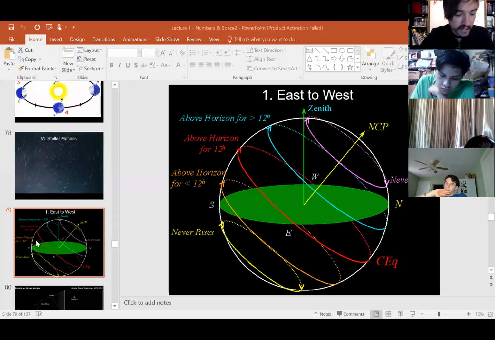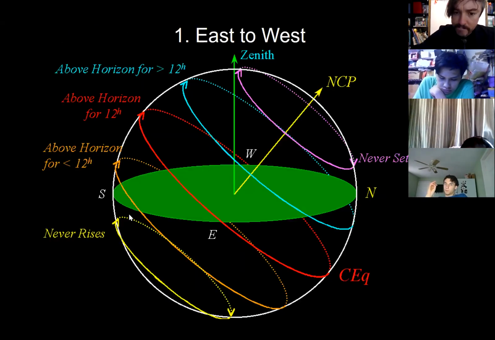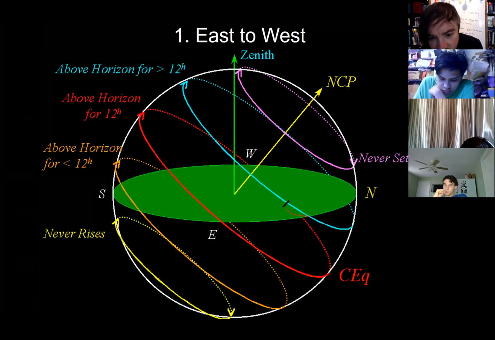What's irritating about the horizon system is 2 things. Stars are constantly rotating as they travel through your local sky. So as you can see in this picture here on slide 79, during the course of the night, a star will constantly change its altitude and azimuth as it rises in the east, gets higher and higher in your sky, crosses the meridian, and then sinks back down in the west.